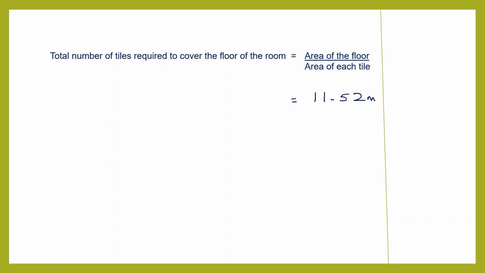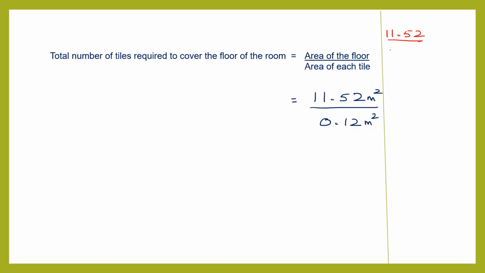And the area of each tile is 0.12 meters square. So now let's work this out. 11.52 divided by 0.12. When we divide two decimal numbers, we need to be careful.